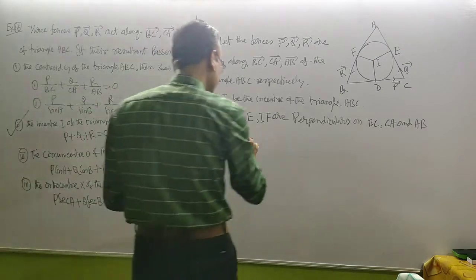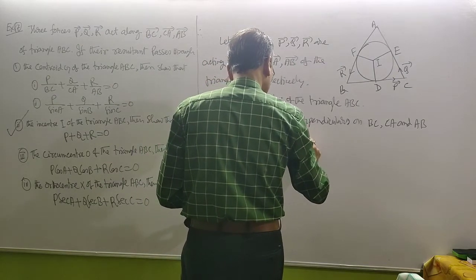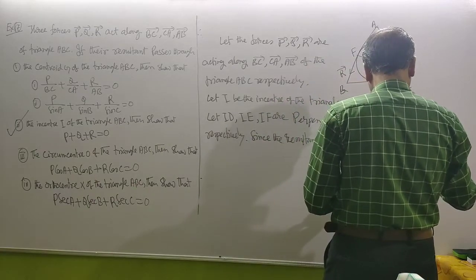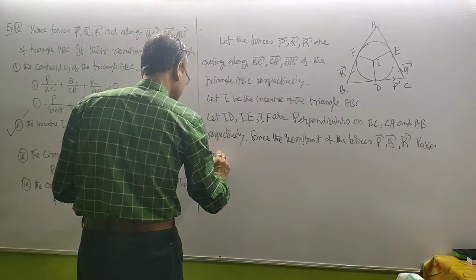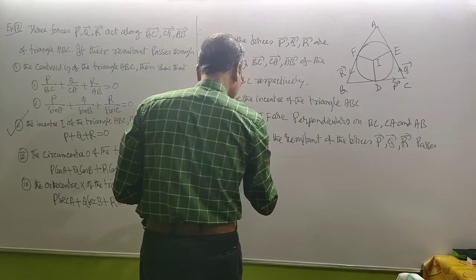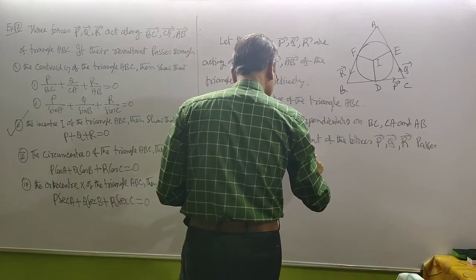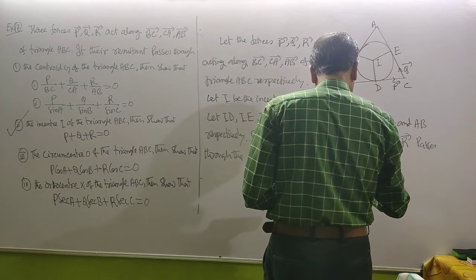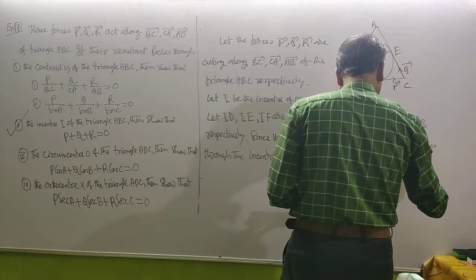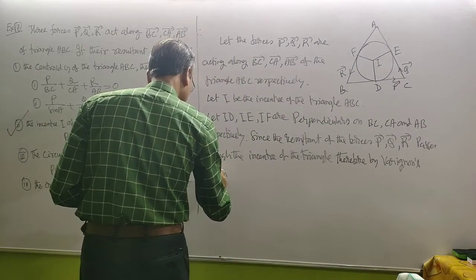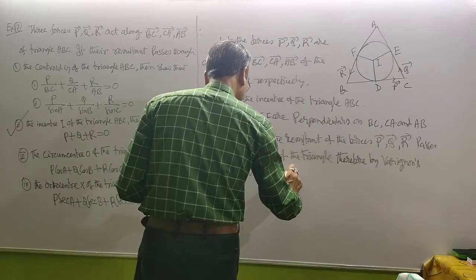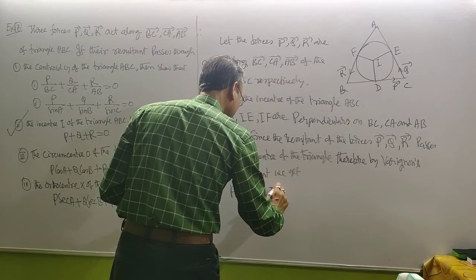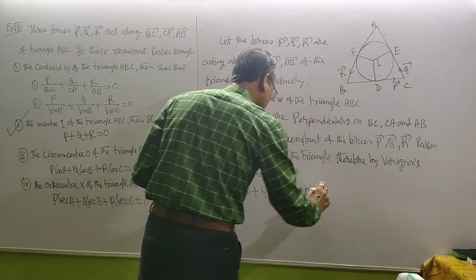Now, since the resultant of the forces P, Q, R passes through the incenter of the triangle, therefore, by Varignon's theorem on moments, we get P into ID plus Q into IE plus R into IF should be equal to 0.